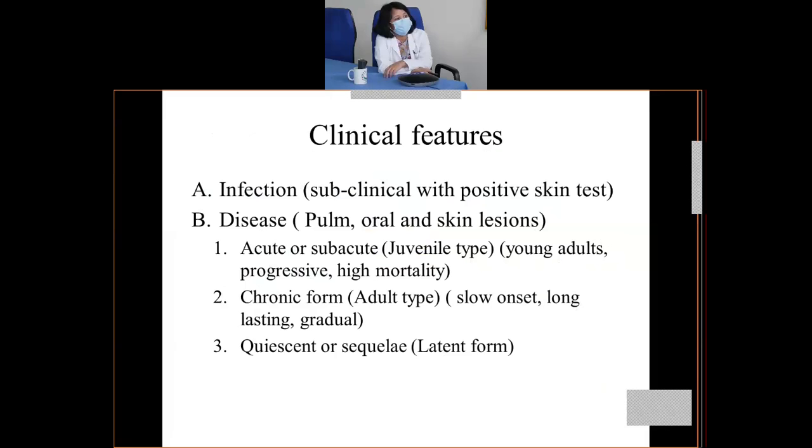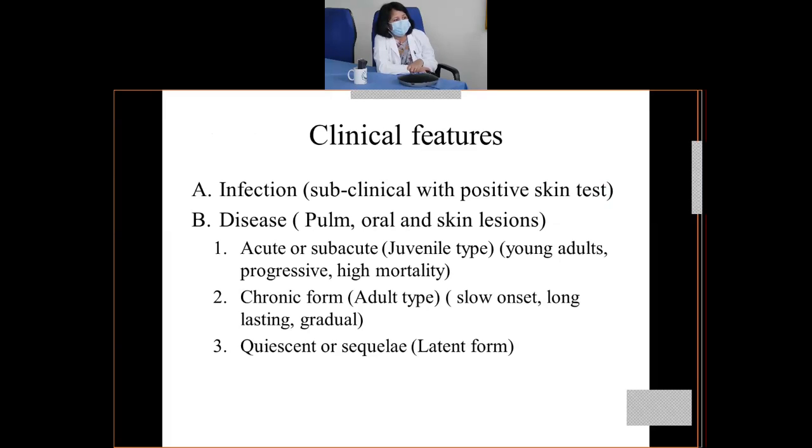So clinical features: infection is subclinical, and the disease, finally the disseminated disease, can be in the form of pulmonary, oral, and skin lesions. So these are the common sites where this paracoccidioidomycosis is affecting. That is a pulmonary site, oral, and the skin lesions.